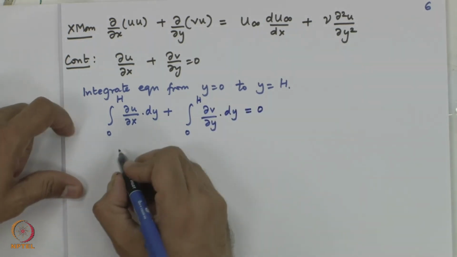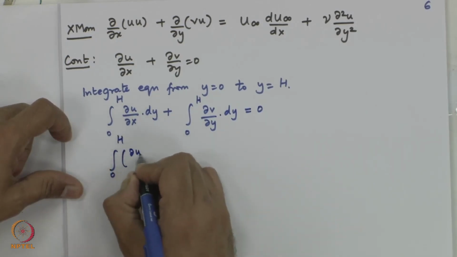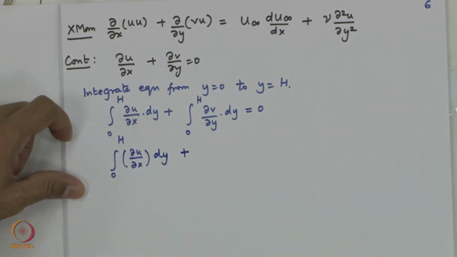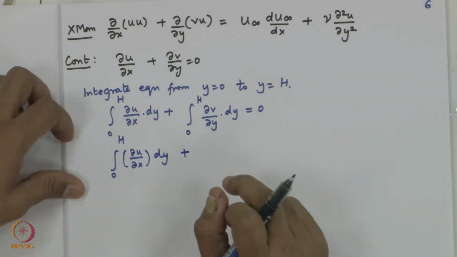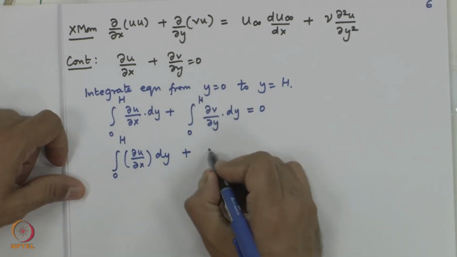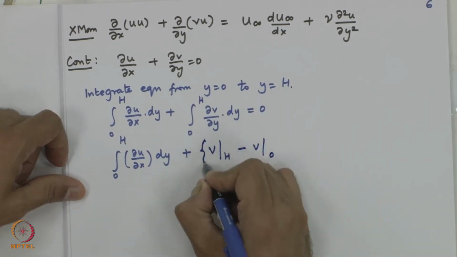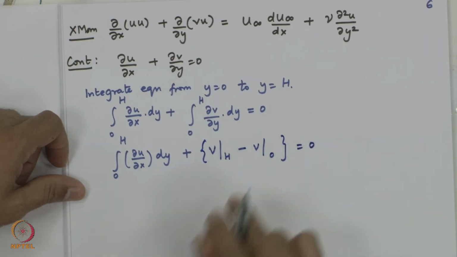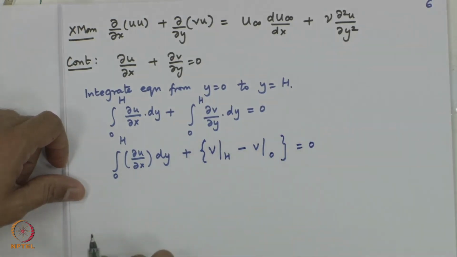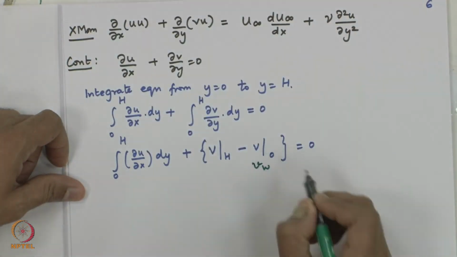The integral of dv by dy with respect to y would be nothing but v, V evaluated at h minus V evaluated at the wall, correct. This is nothing but VH minus VW, where V evaluated at the wall is VW.